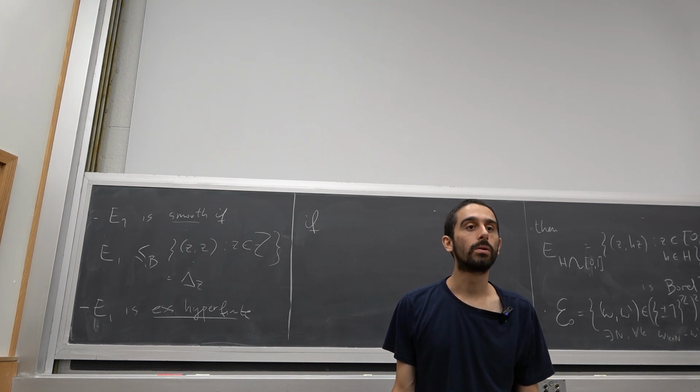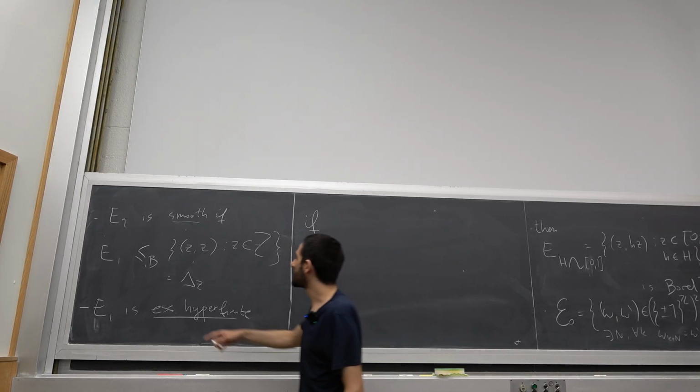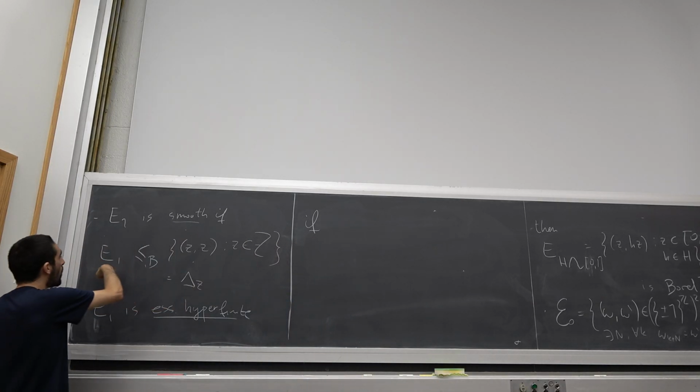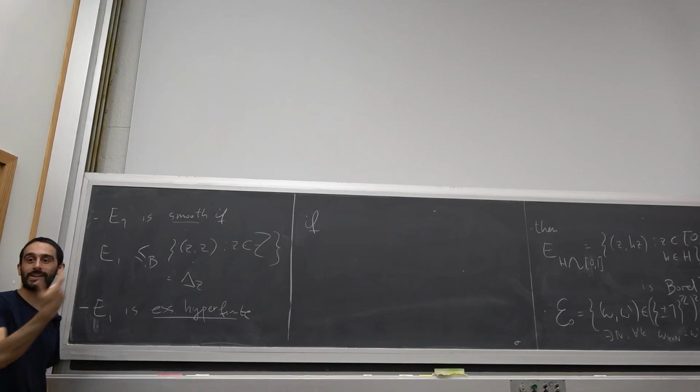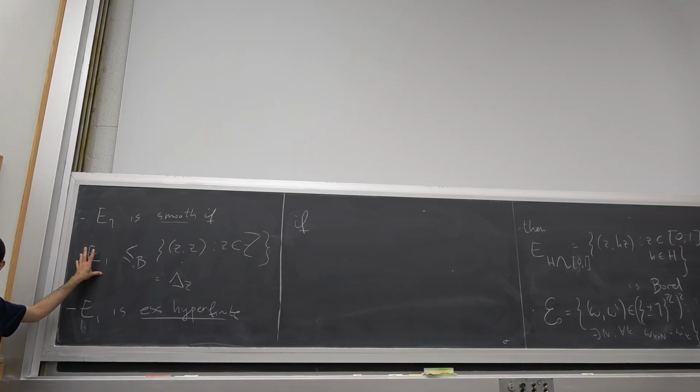No. It means exactly that there is a map from Z1 to Z whose fibers are exactly the E1 classes. Yes? Okay.